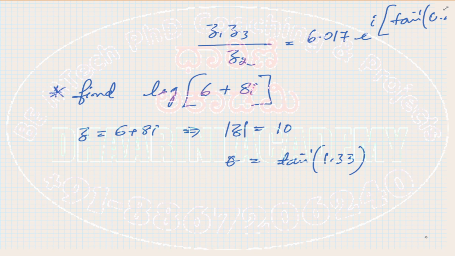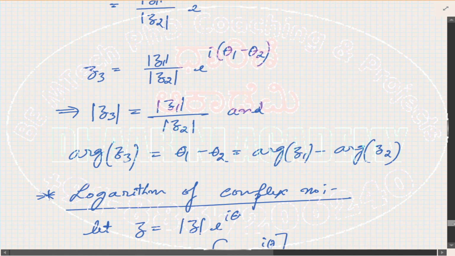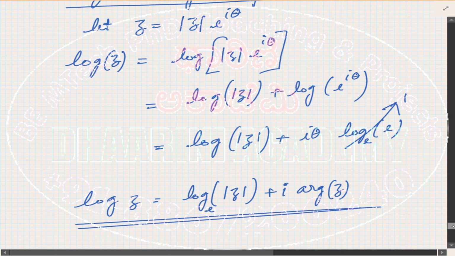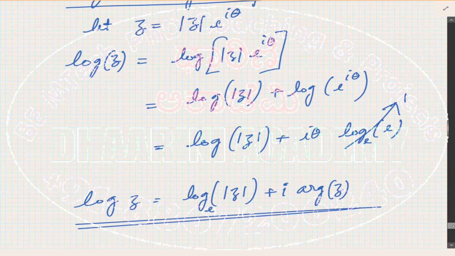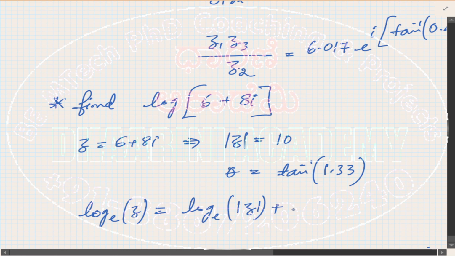Now if we go back and check the rule, log z is equal to log to the base e of magnitude of z plus i times argument of z. So let's write the rule. This means log to the base e of z is equal to log to the base e of magnitude z plus i times simply theta, the argument.